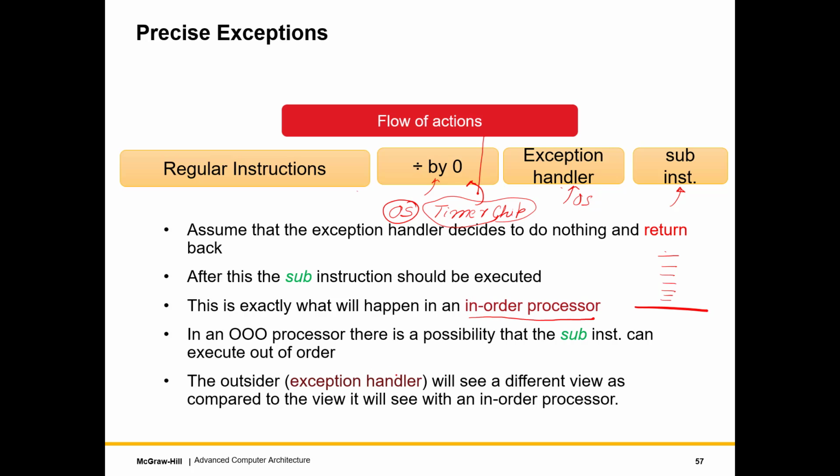So what we want is that all external agents, which is anybody sitting outside the processor, look at the processor and not be able to say whether it is out of order or in order, which means that internally an out-of-order processor can do whatever it wants, but externally it should appear to be as if it is an in-order processor.